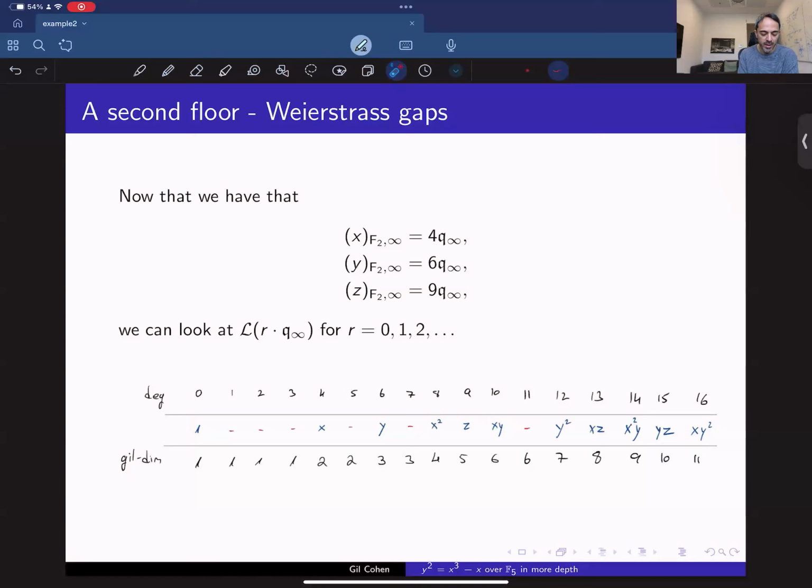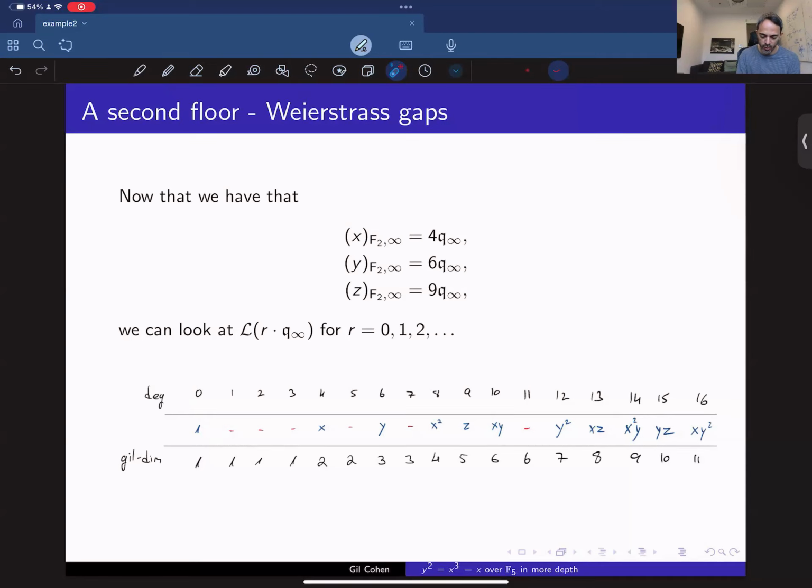So for example, for a degree 0 divisor, you always have dimension 1, right? And the corresponding function is 1, right? Like F5 spanned by the span of 1 is the Riemann-Roch space corresponding to the 0 divisor, 0 times Q infinity. Now at 1, 2, and 3, I couldn't find any other function there.